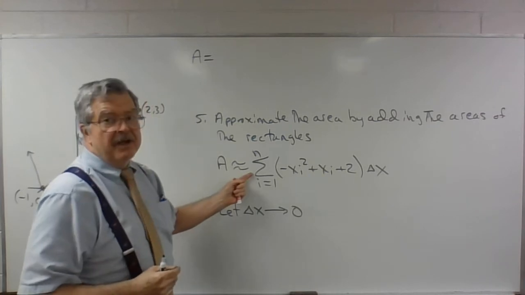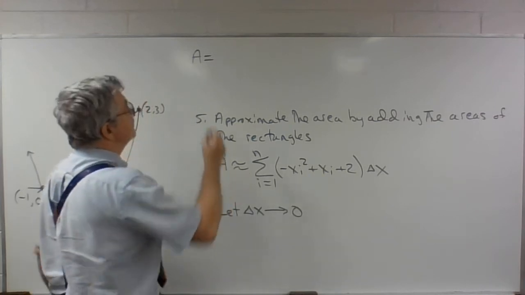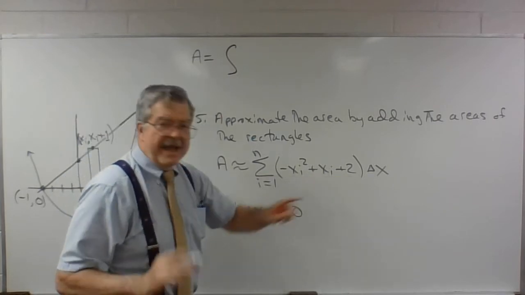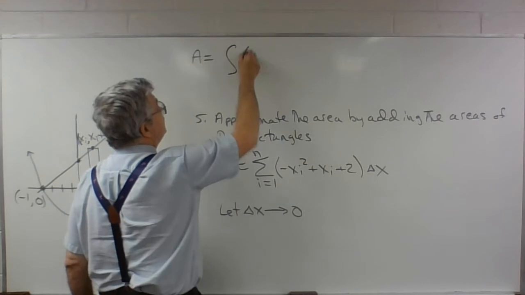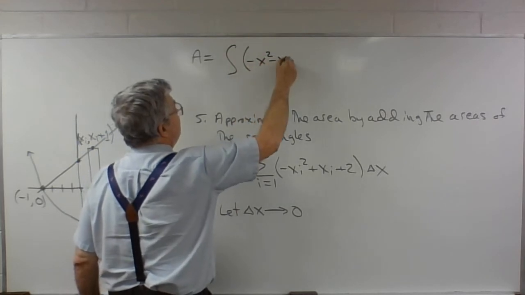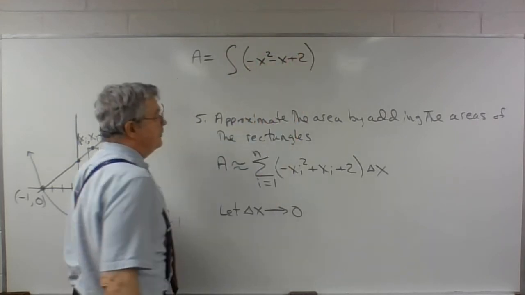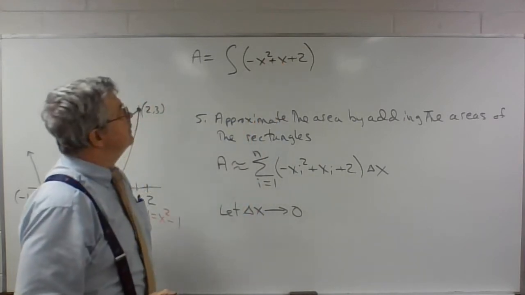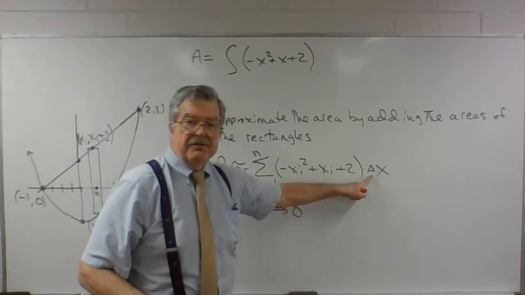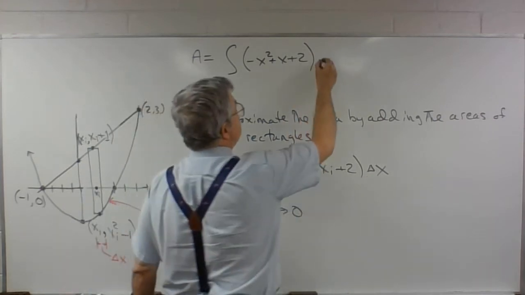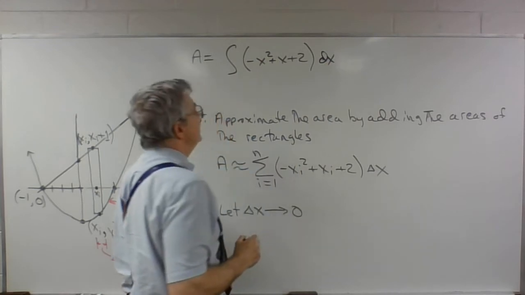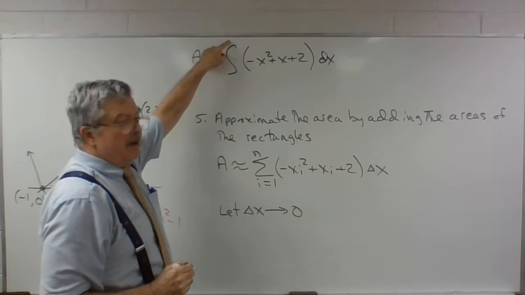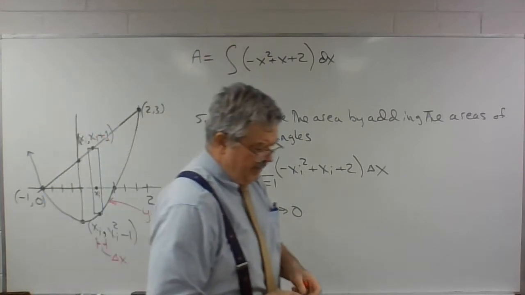The summation sign magically turns into an integral sign. The x sub i's magically turn into x's. The delta x magically turns into dx. And we have lower and upper limits on the integral sign.